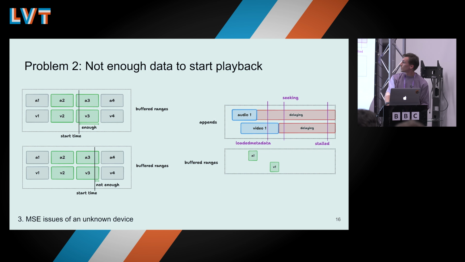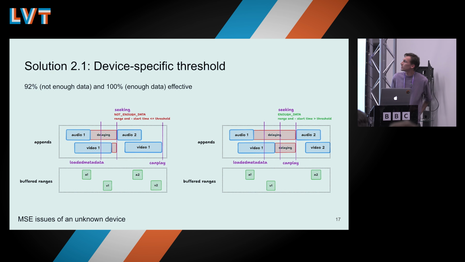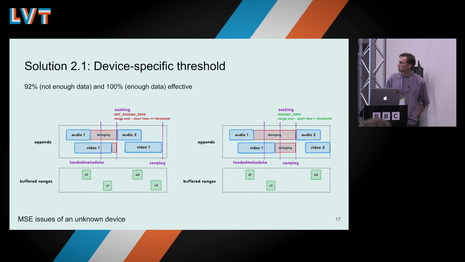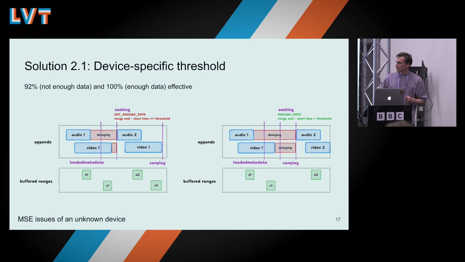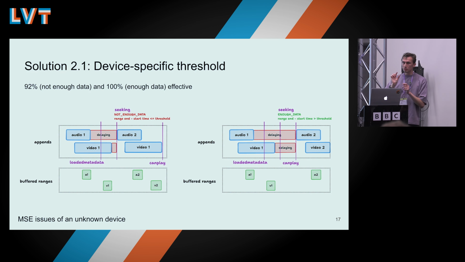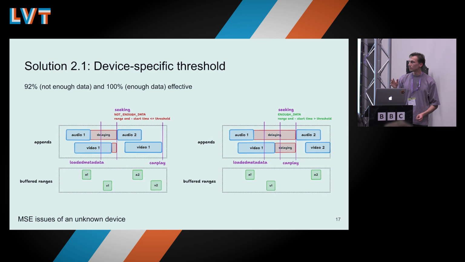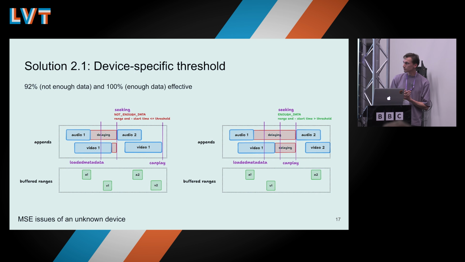So how would I do this? The first one is a device-specific threshold. What does it mean? As I said, when we have a buffer ahead of the start time, and if it's small enough, we may identify this threshold, but we need to test first on each device to understand what it is.